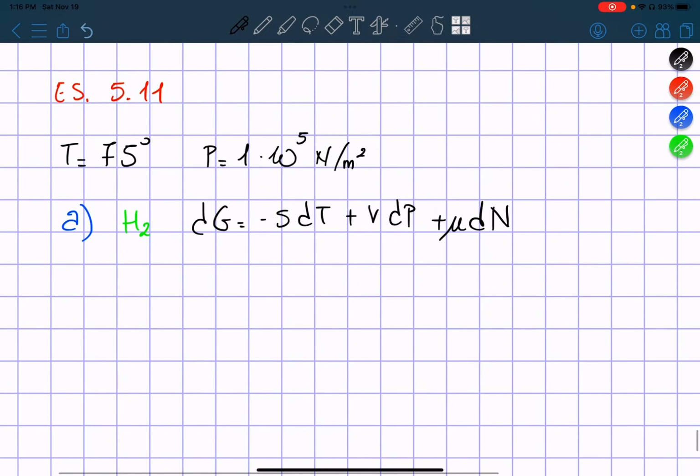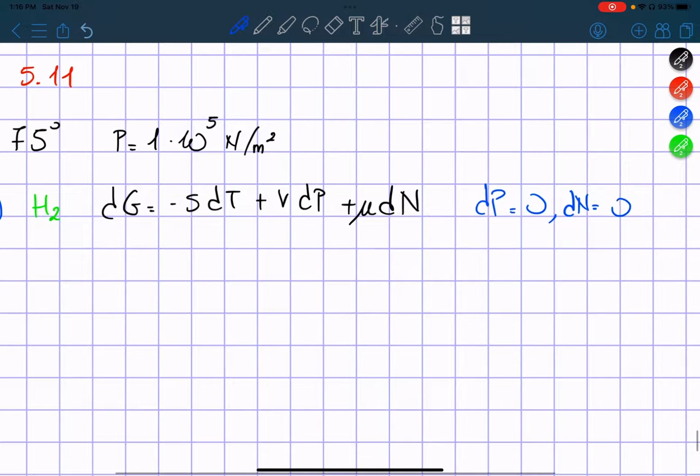Now, one important thing is that we are operating at constant atmospheric pressure, so dP is equal to 0, and we're working with 1 mole of hydrogen, so dN is equal to 0 as well. So our dG is just equal to negative S dT.